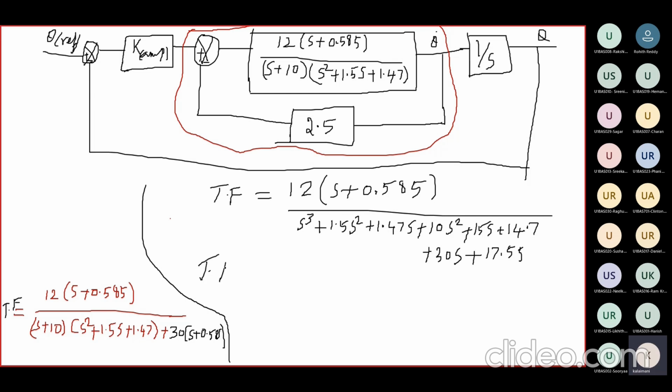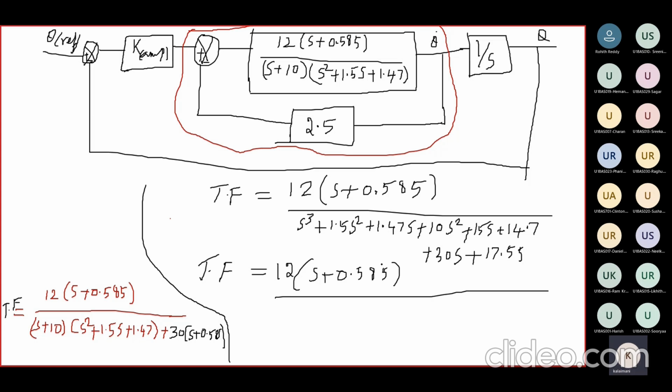Therefore, your transfer function for this inner loop is 12 times s plus 0.585 divided by s cube plus 1.5 s square plus here 10 s square, then we will get 16.5 s square, then here 30s plus 15s 45s plus 1.47, then we will get 46.47s, then here 17.55 plus 14.7 we get 32.25.